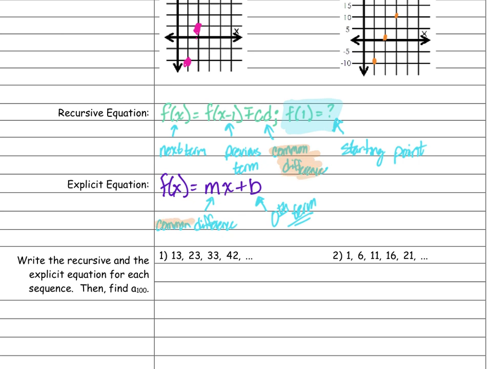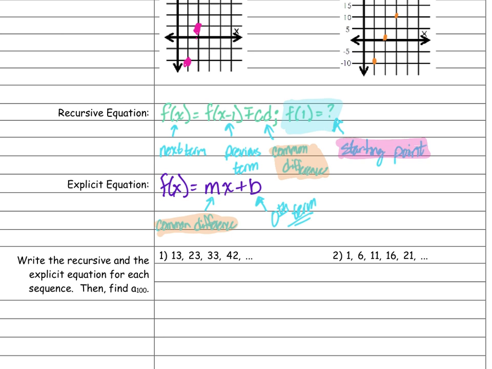Both of them, I have to know what my common difference is. So I need to know how I'm getting from one term to the other. Okay. For one of them, I need my starting point, right? My starting point is my first term.